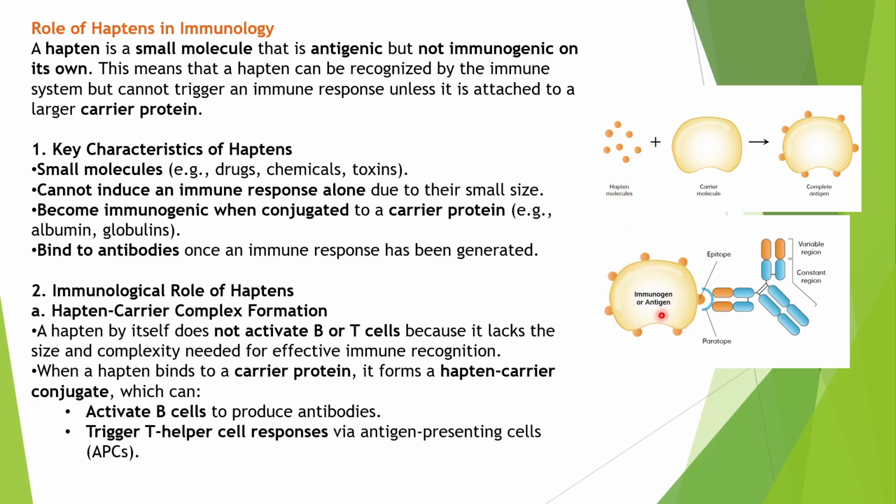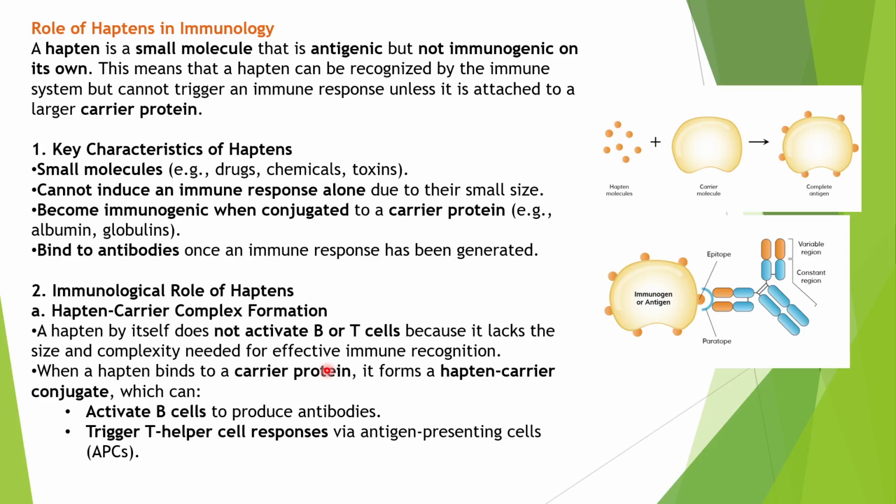So now this immunogen, or the hapten carrier complex, will bind to the antibodies or can stimulate the immune response. So for the immunological role of haptens, hapten carrier complex formation is required. A hapten by itself activates neither B cells nor T cells, because it lacks the size and the complexity required for effective immune recognition.